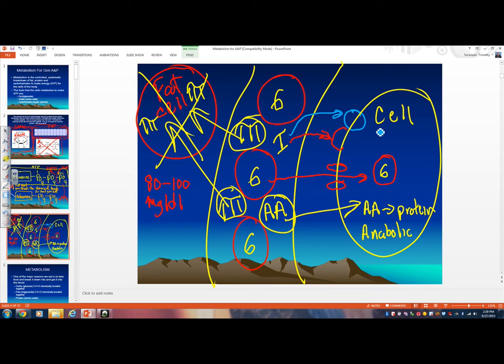So what it will do is it will take 3 sodiums that leaked into the cell through those sodium leak channels, and pump them out. And 2 potassiums that leaked out, it will pump them in. Because you're working against a concentration gradient, that requires ATP.